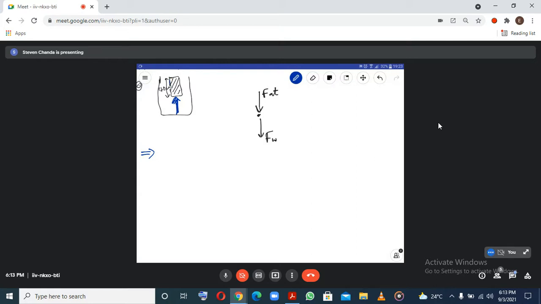So remember, this block is not reaching down. Why isn't it reaching down? Even though there is the atmospheric force and the weight of the water, it's because there is an upward force. And because this block is in equilibrium, it's not moving either up or down. So what does it tell you about the sum of these forces?